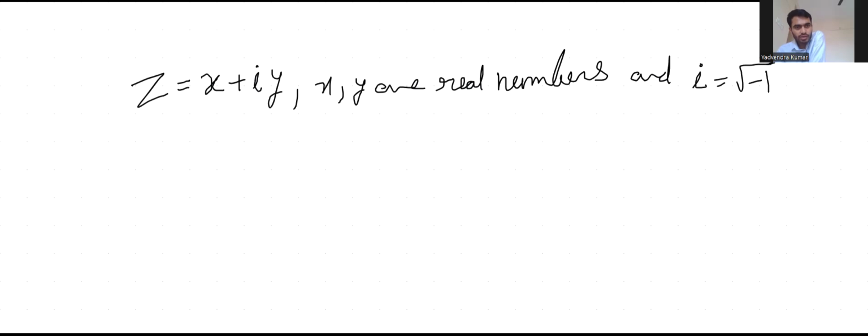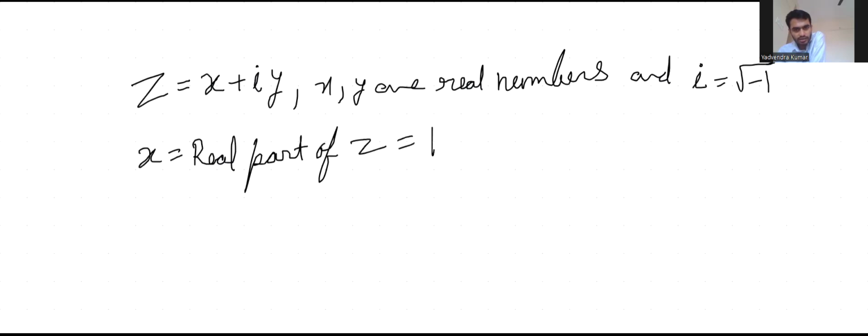Now, if z is a complex number in the form x plus iota y, here x is called the real part of z. In short, we write Re of z, which is x.